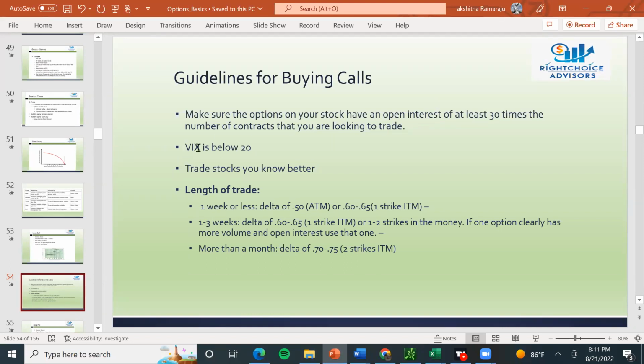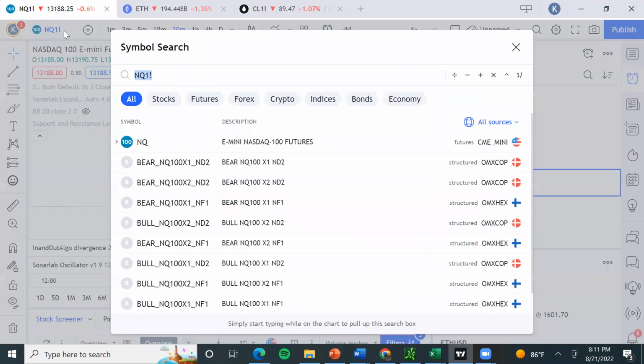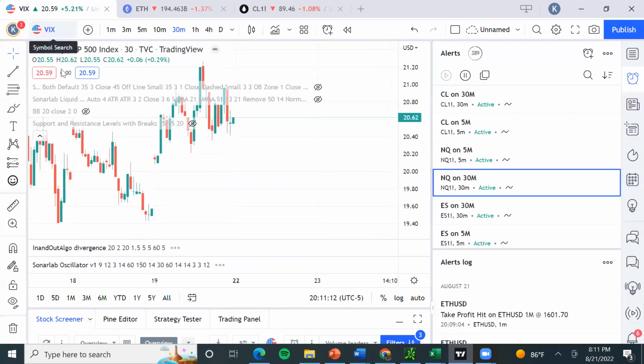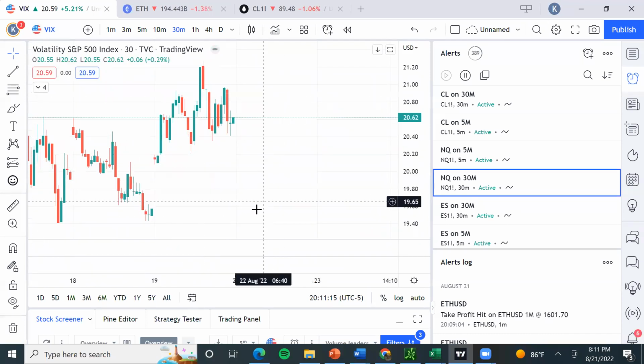The second thing we all need to look at, if you're buying calls, is something called VIX. VIX is basically the volatility indicator. It shows how volatile the entire market is.